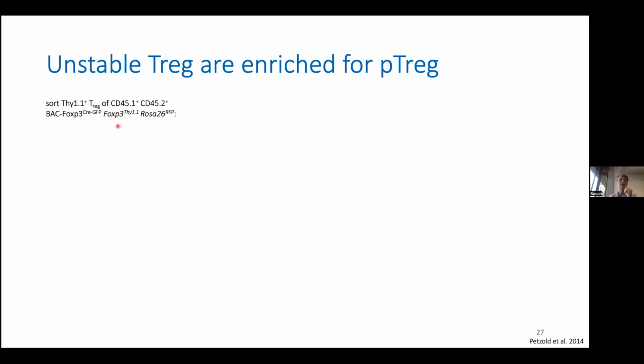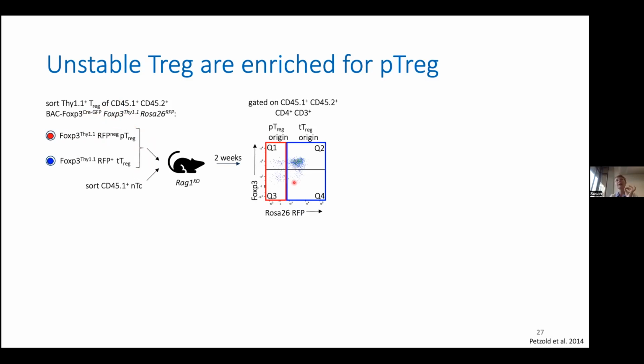If we now look at the total of Treg, we sorted just for FOXP3 Thy1.1 and transferred this mix. What we transfer is this top, Q1 and Q2. So we transfer the T-Treg, which are RFP positive, and we transfer the P-Treg, which are RFP negative.